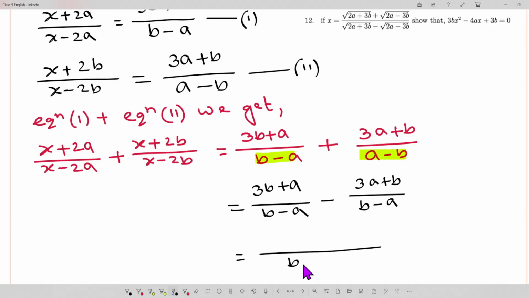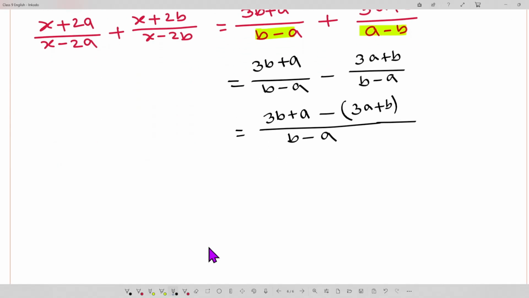So here is b minus a. So we can write 3b plus a minus 3a plus b, right? Then b minus a, and here is 3b plus a minus 3a, plus and minus, it will be minus b, right?